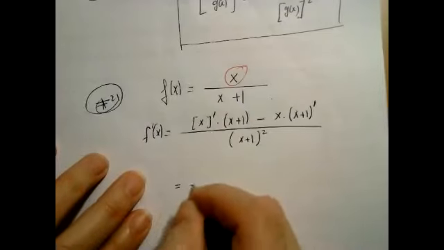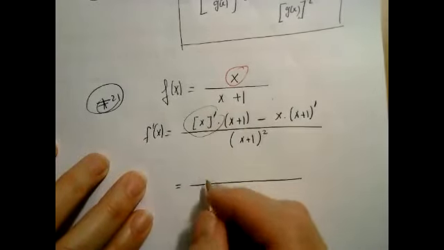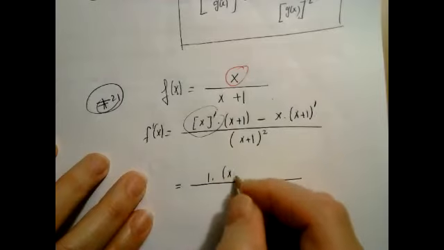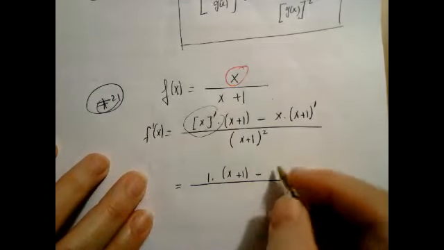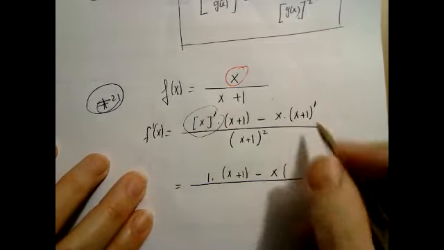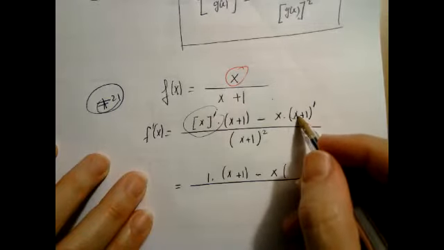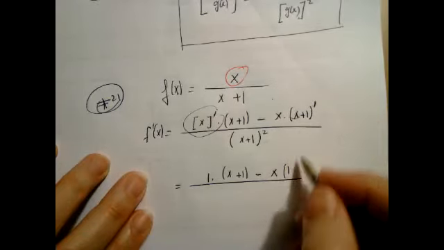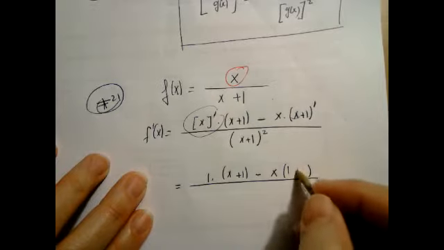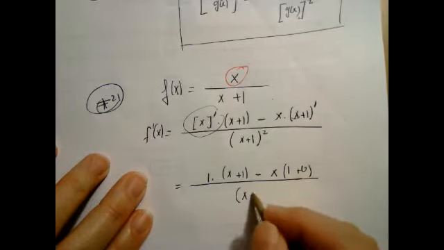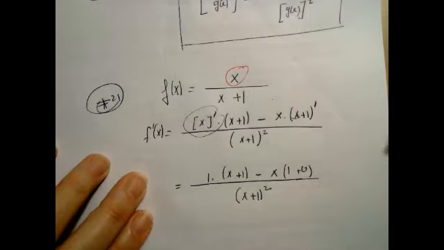So it's equal to the derivative of x, which is 1, times x plus 1, minus x times the derivative here. The derivative of x is 1, plus 1 is a constant, so the derivative is 0, divided by the quantity x plus 1 squared.